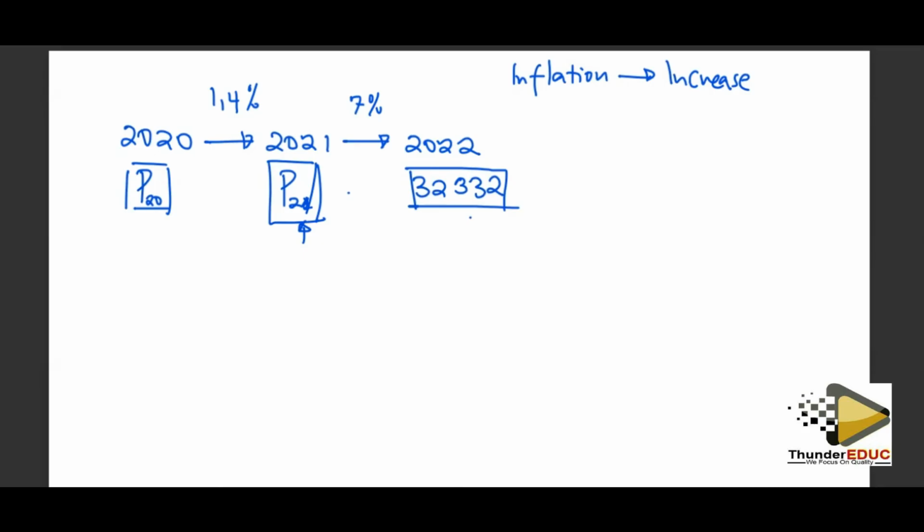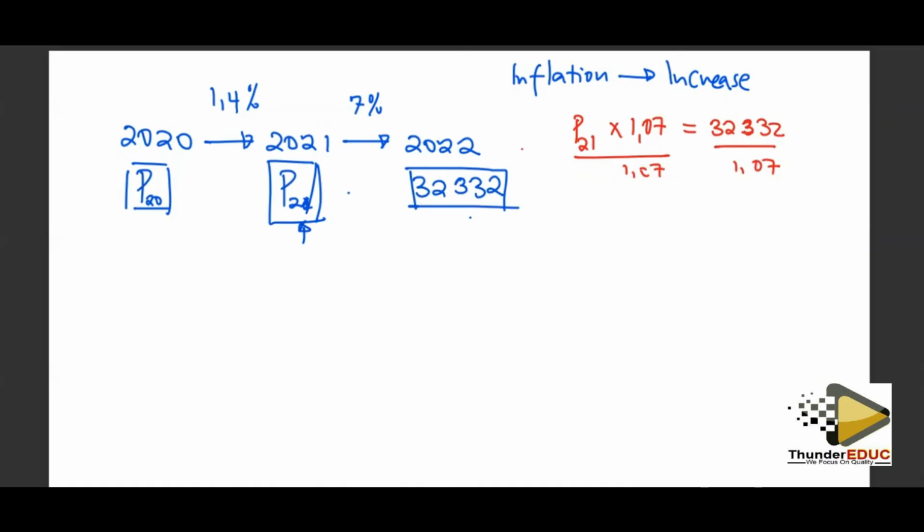I'll just make a mental calculation here. There's a certain price, P1, that was increased by 7%, and they got 32,332.